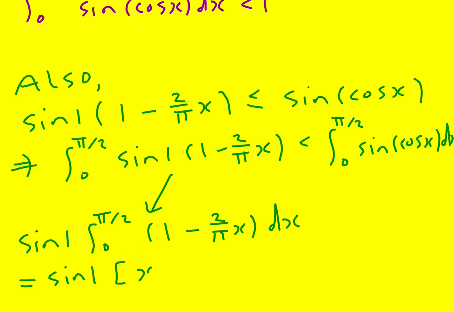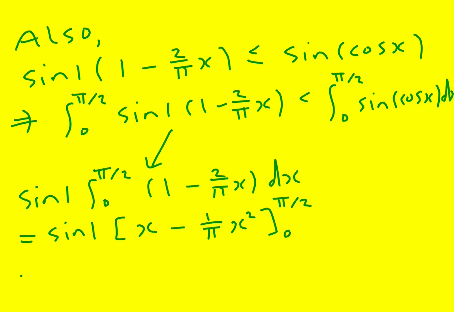And I get to integrate, so I get x minus 2 over pi times a half x squared, so it's just going to become 1 over pi x squared. And when I square pi over 2, I'm going to get pi squared over 4.